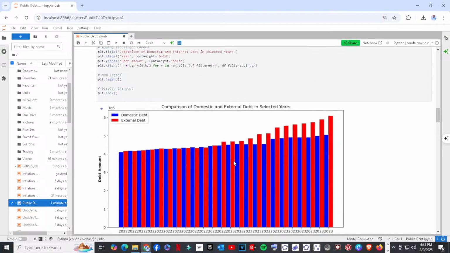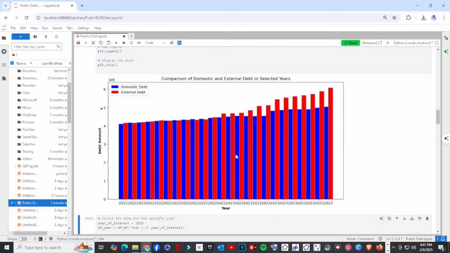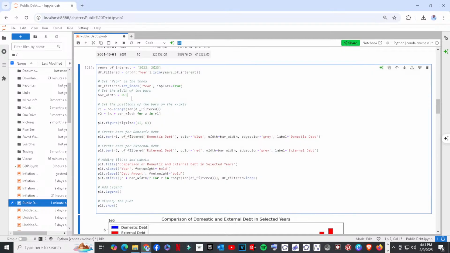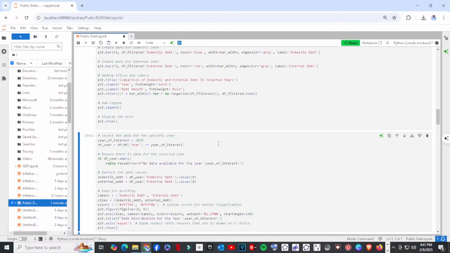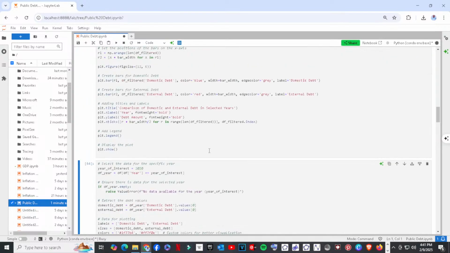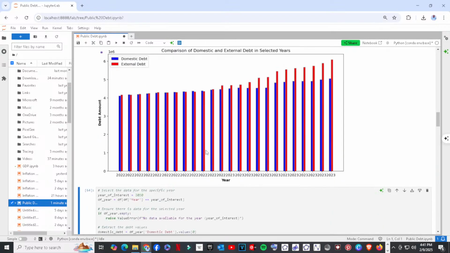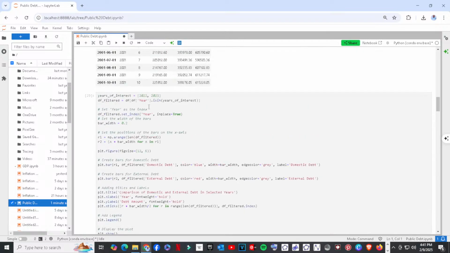Though this does not look so good, let me take it back to 0.2 where we were. I think that makes it a little clearer. So we have 2022 and 2023.